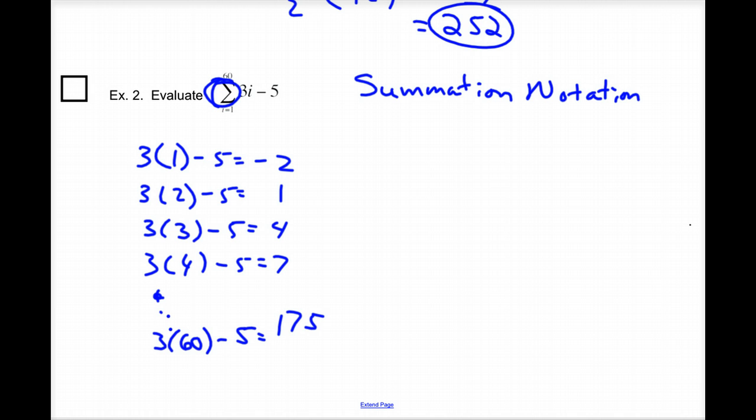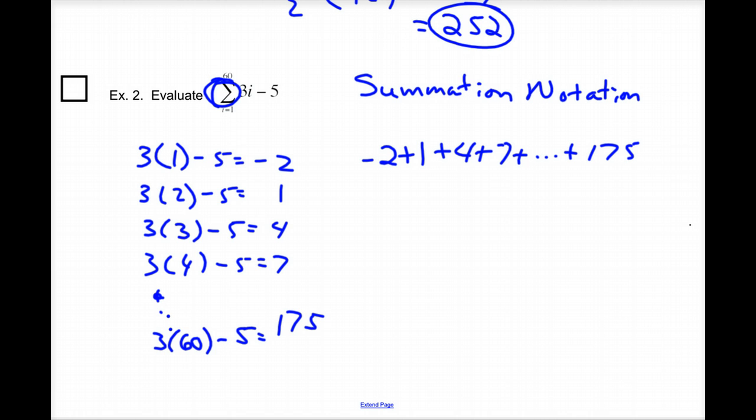So this is another way to write -2 plus 1 plus 4 plus 7 plus ... plus my last term was 175. Sigma notation is just a fancy way to write an arithmetic series. It doesn't have to be arithmetic, it could be any pattern for that matter, but for our purposes, we're working with arithmetic today.